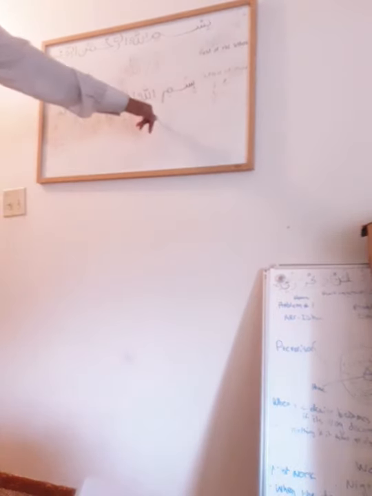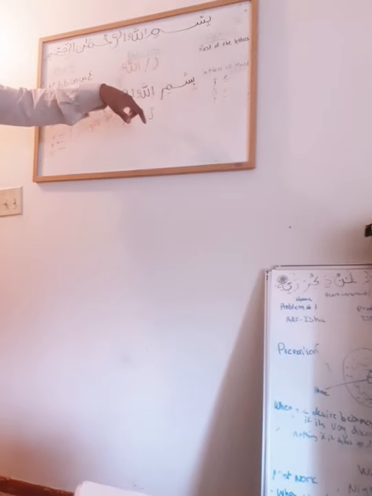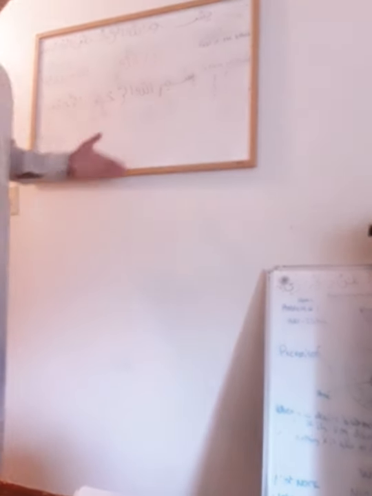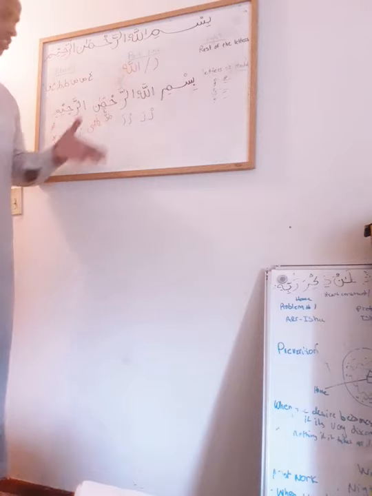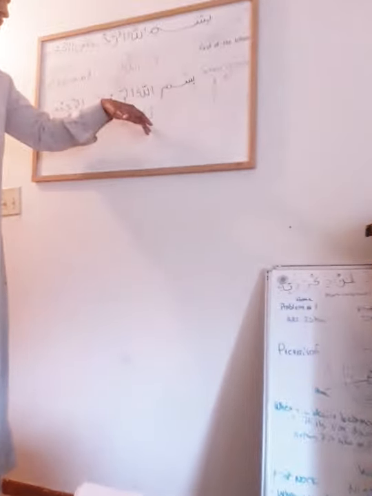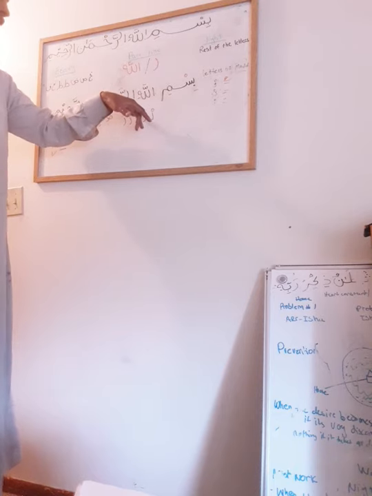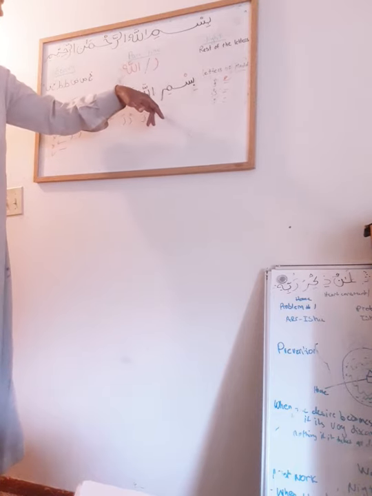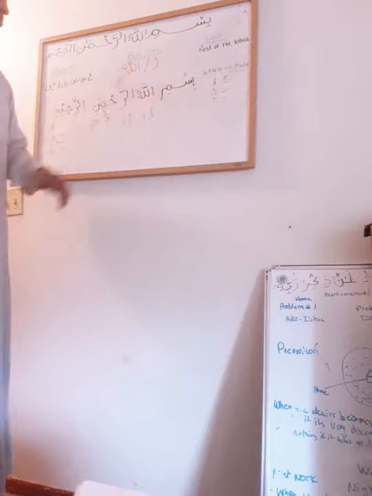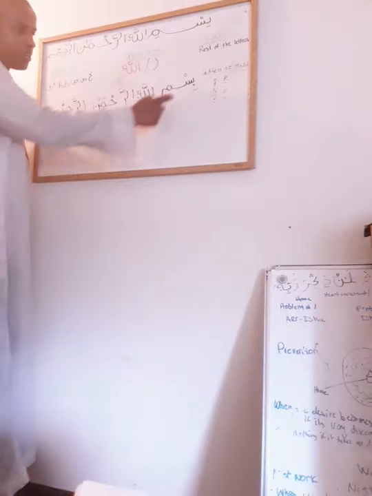You see there's a lam and there's a sukoon there, and then there's a fatha on the surface. And here you see the foundation: there's a lam, and then a fatha on the surface. And this is Bismillahi.